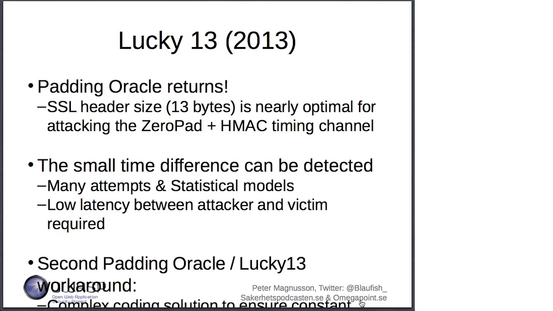So scientists worked on this problem and found out that in some situations, where you have very ideal network conditions and you can do a lot of measurements, you can actually find this timing channel and decrypt messages. So the problem they fixed in 2002, they fixed again this year. They made even more complex code to hide this problem, and it's still flawed.